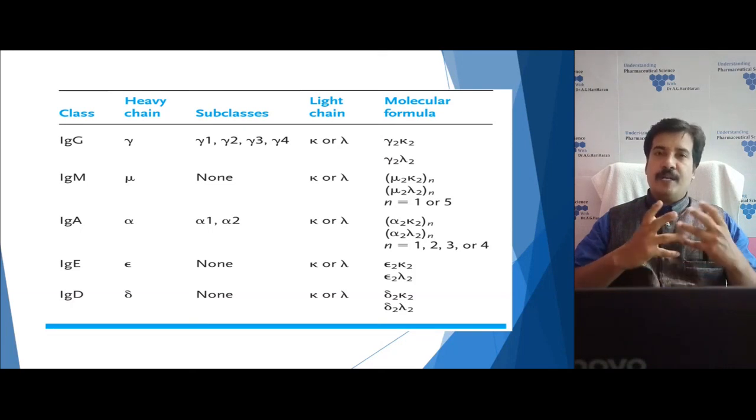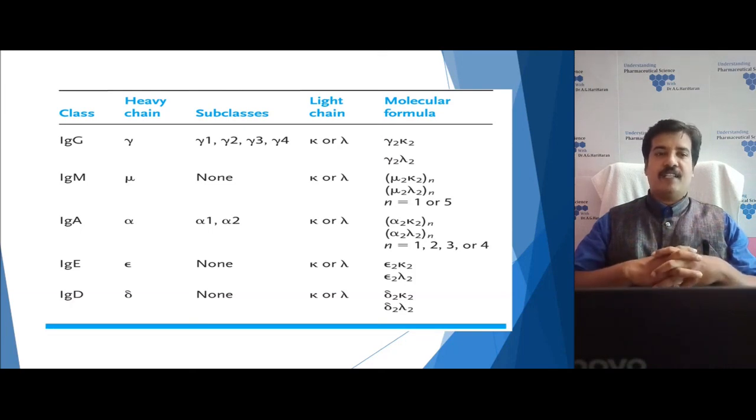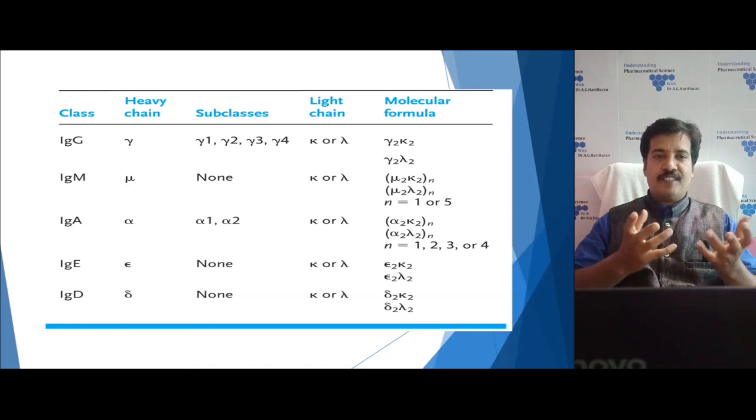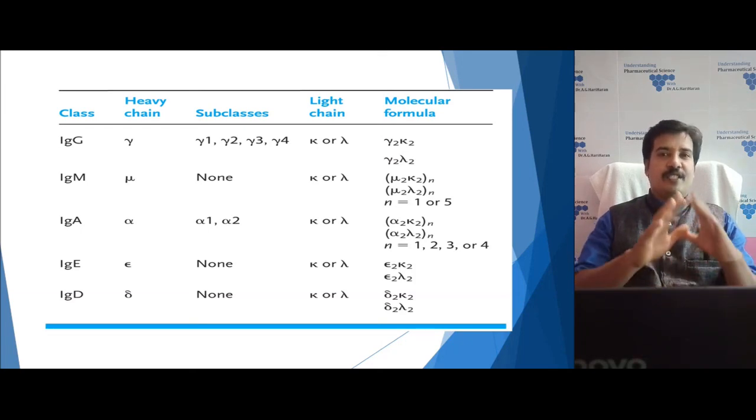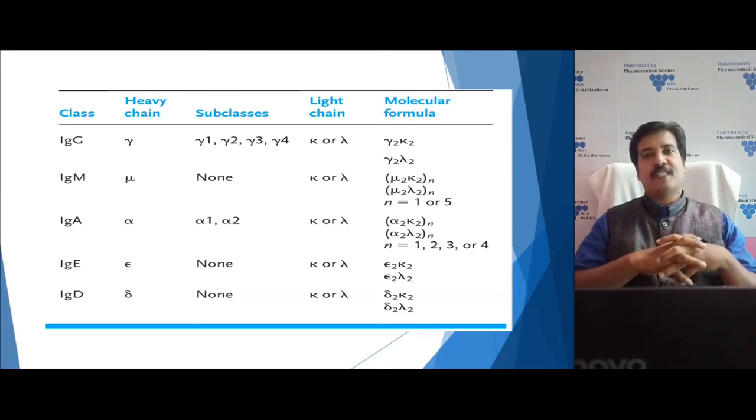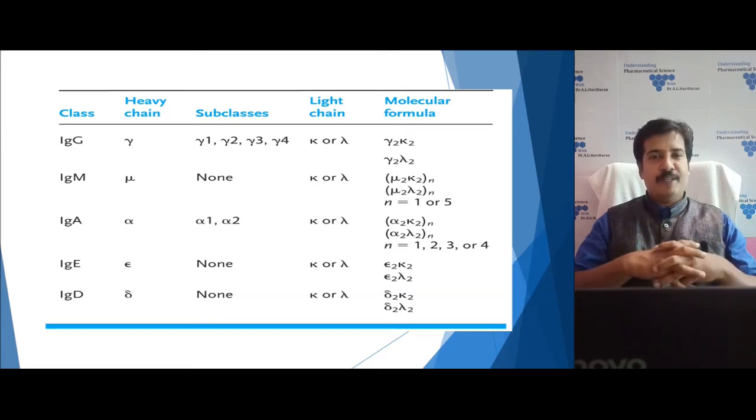Immunoglobulin A, where A stands for alpha, has two subclasses, alpha 1 and alpha 2. Immunoglobulin E stands for epsilon, with no subclass, and for immunoglobulin D the heavy chain is delta. So this covers the various structures and how, based on the structures, we can classify the immunoglobulins.